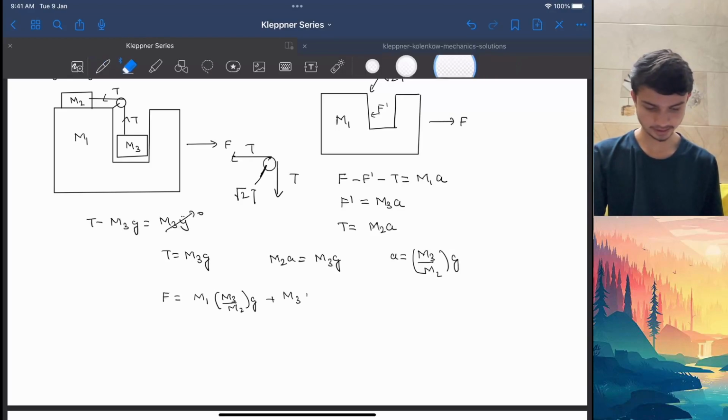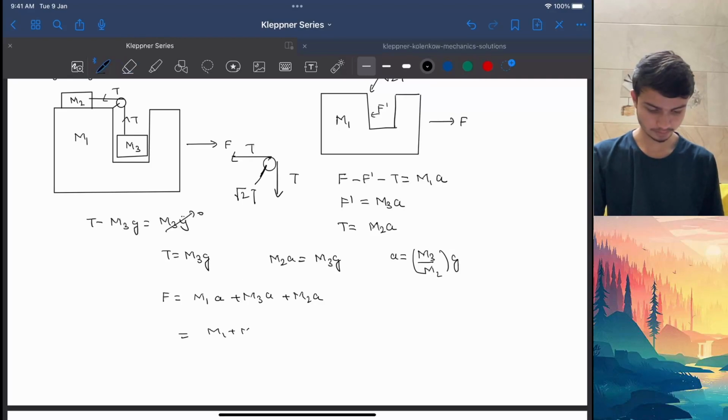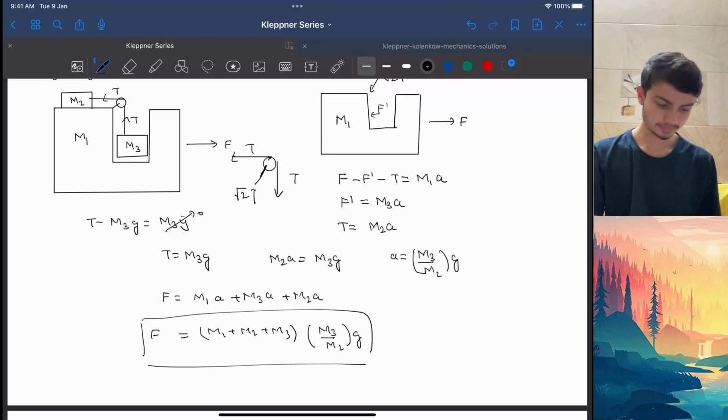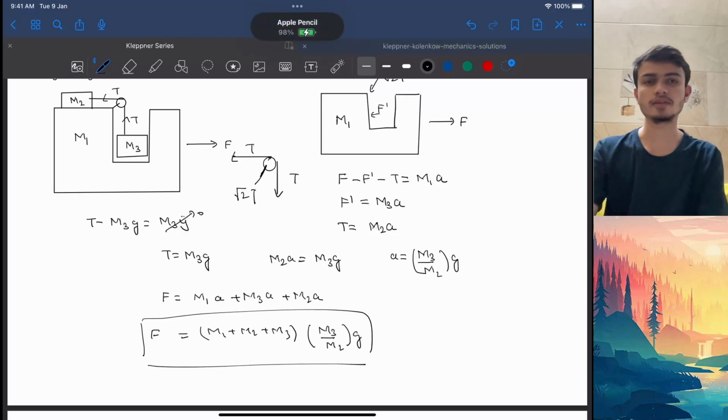Okay, I think I should not have done this like this, but okay, M1A plus M3A plus M2A, where it will be M1 plus M2 plus M3, and A goes common, and that becomes M3 upon M2 times G. So that is simply the force acting on the body.